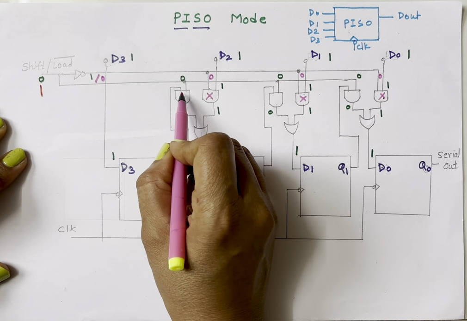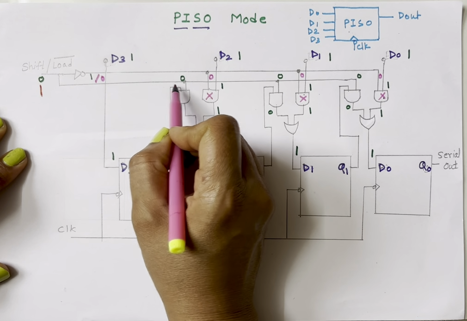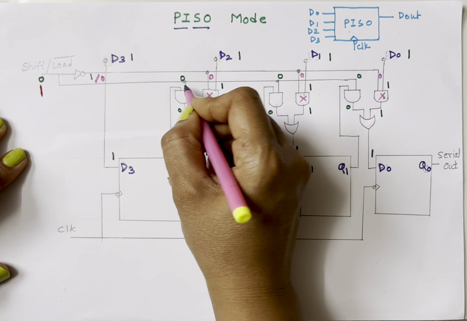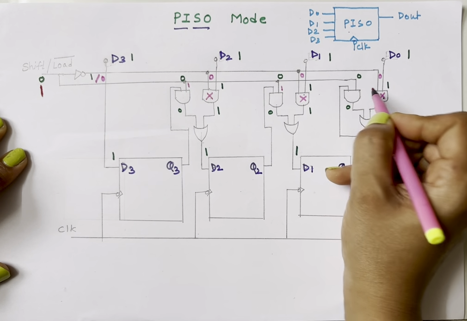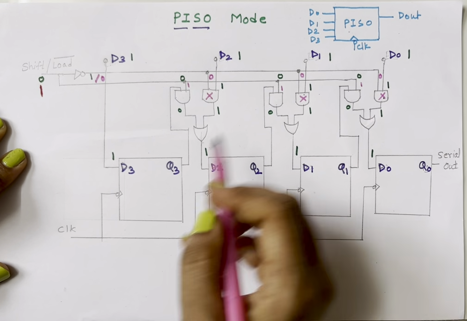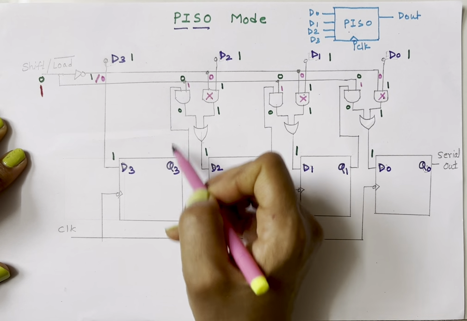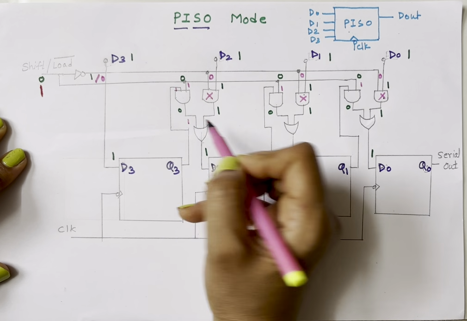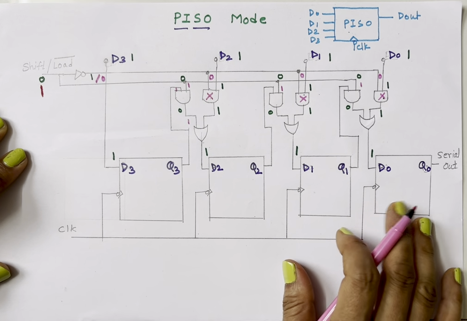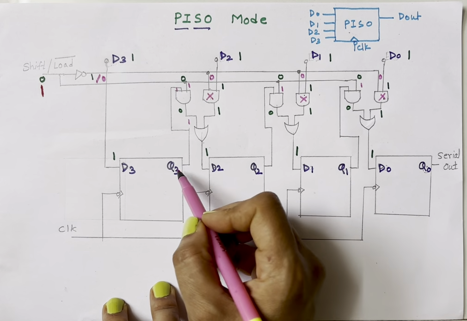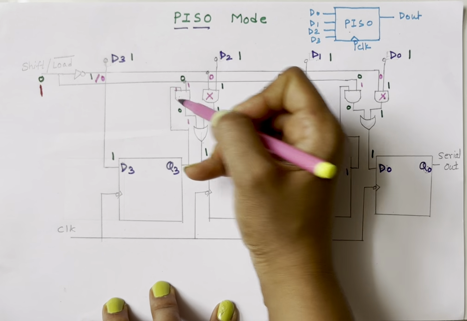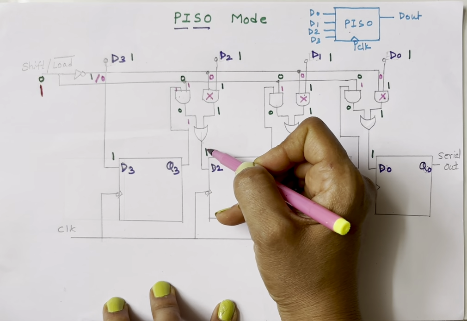The input to this AND gate is 1 because this is 1 now for shift mode, and the other input to this AND gate is Q3. So if Q3 is 1, this AND gate will generate output 1 and this 1 will come here. So Q3 will come to D2 through this AND gate and this OR gate.